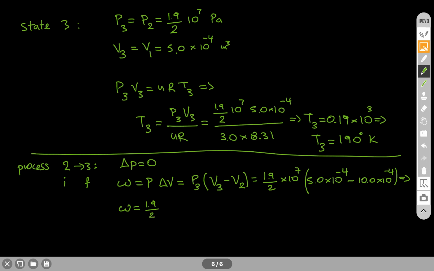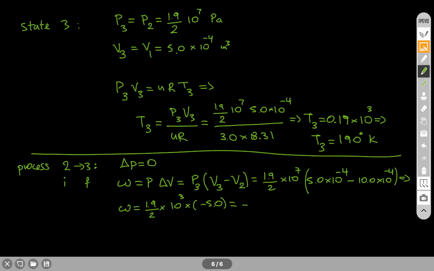1.9 divided by 2. If I combine the powers of 10, this will give me 10 to the 3. And then I have 5 minus 10. That will give me a minus 5. And minus 5 divided by 2, we have 2.5.